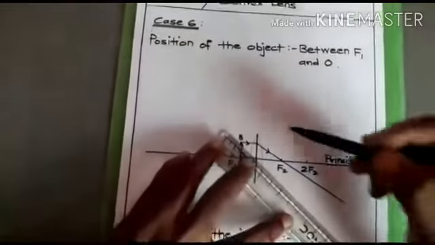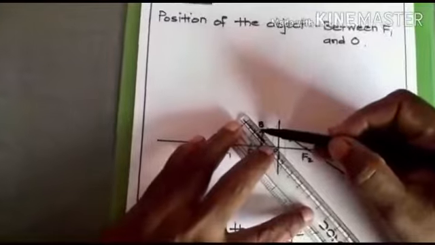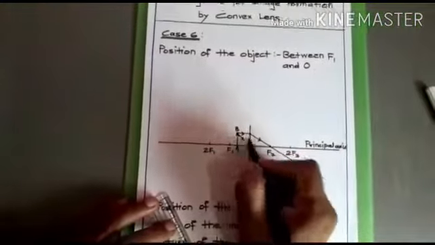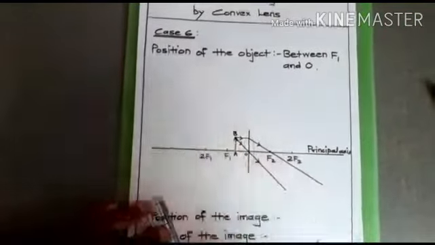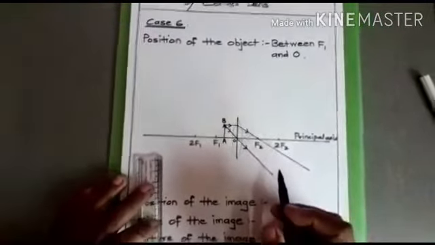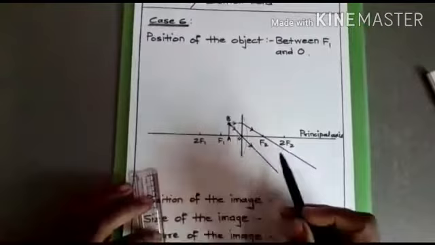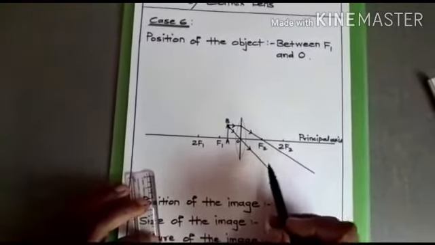Rule 3. As you can see, the refracted rays here are divergent.